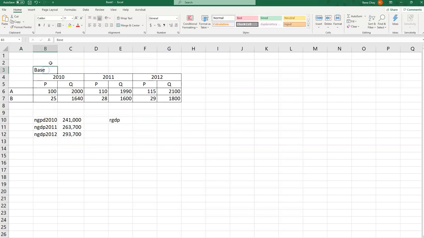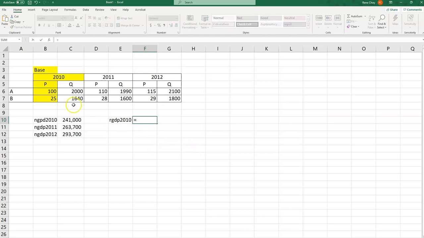Now, once you select 2010 as your base, the only prices that you're going to be using are your base year prices to calculate real GDP. You're no longer going to be using prices for any of the other years. So real GDP for 2010 is going to be the same because you're using the same prices.